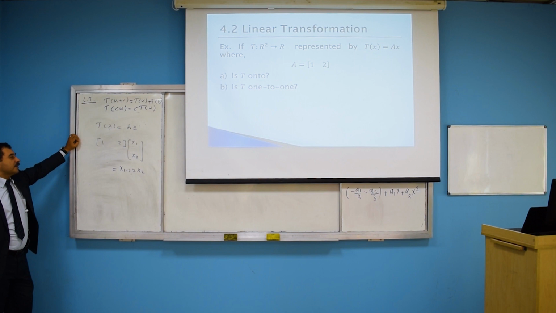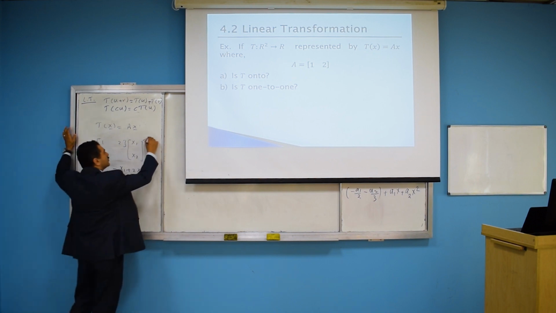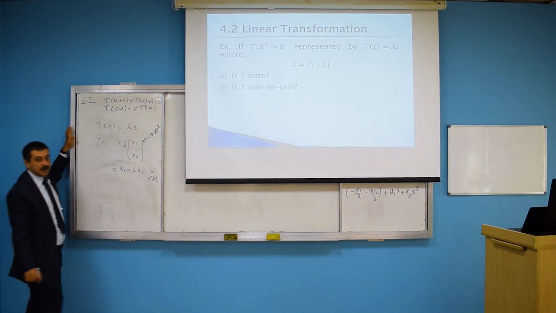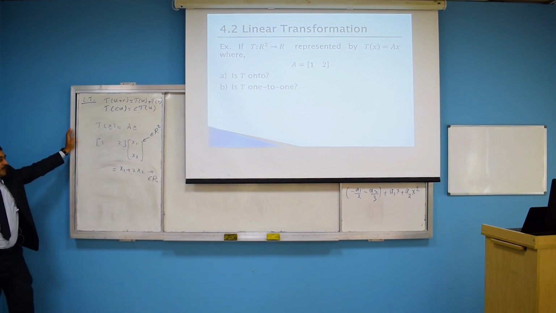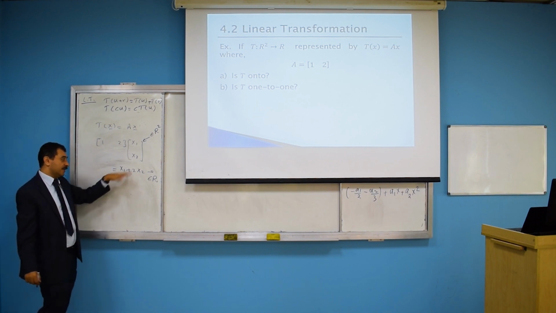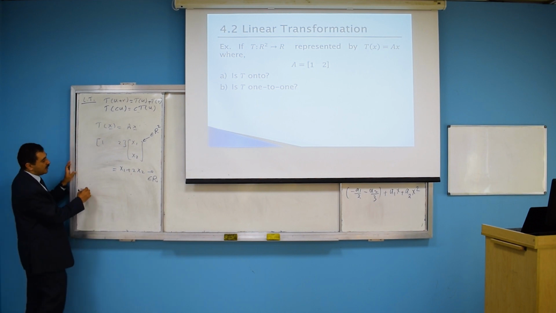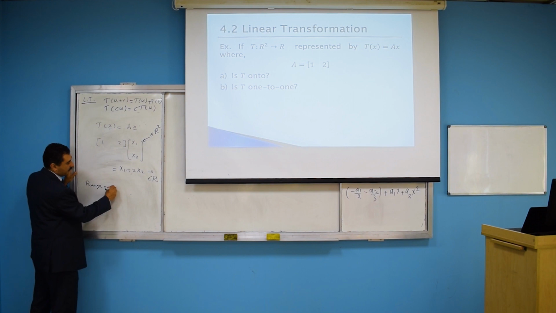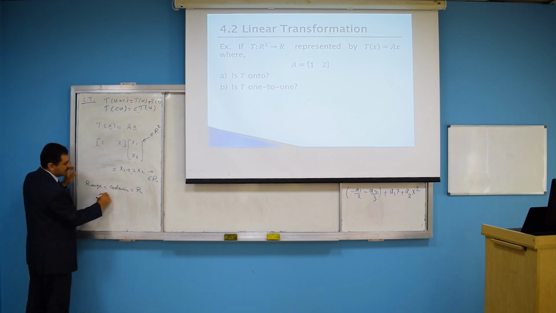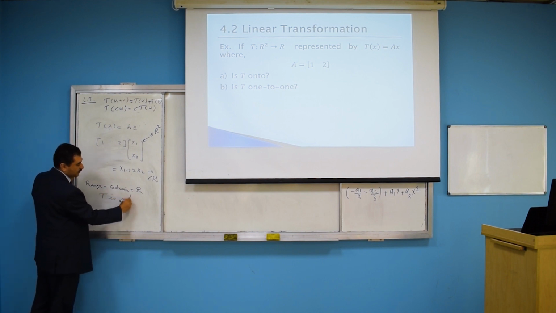To check if this transformation is onto, the input is from R2 and the output is a vector in the real line. Can you get the whole real line? You can, for any x1 and x2. So the range equals the codomain, R, and T is onto.